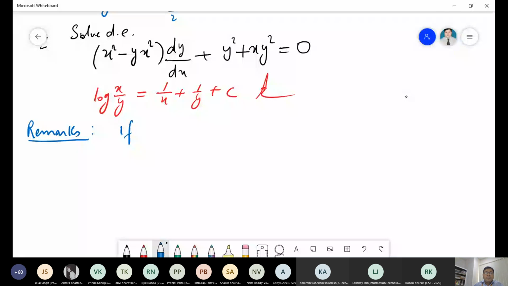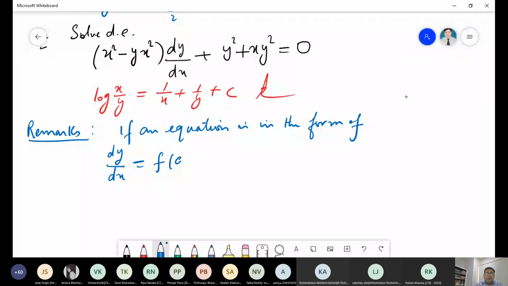So if an equation is in the form dy by dx equal to f of ax plus by plus c, where f is not a function of y only but a function of x and y both, then the simple way is to put ax plus by plus c equal to another variable, we call it z.